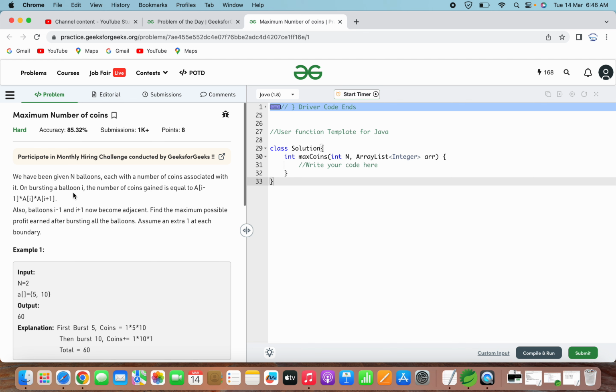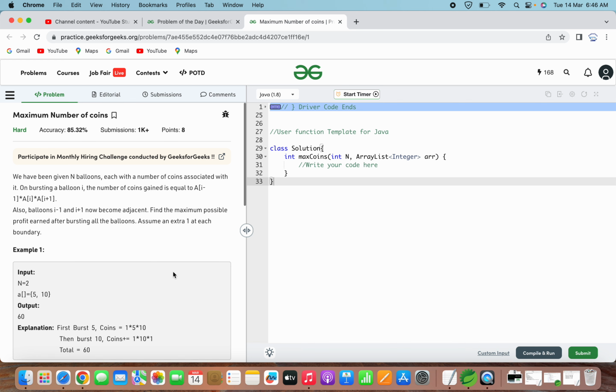Also, if you are bursting the balloon I, then after that particular balloon is burst, the balloons at position I minus 1 and I plus 1 will become adjacent. So we have to find the maximum possible profit earned after bursting all the balloons.